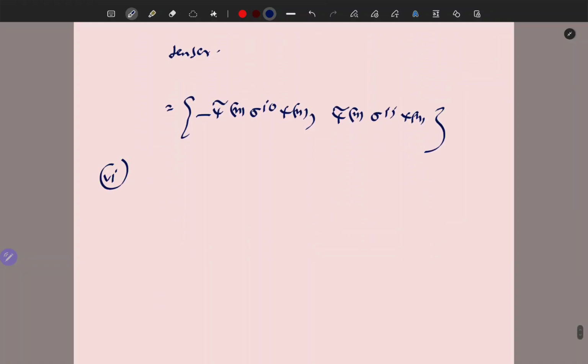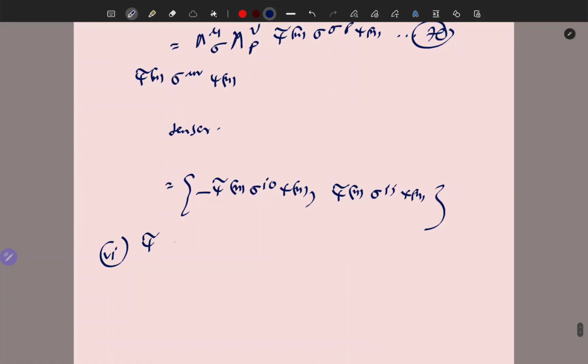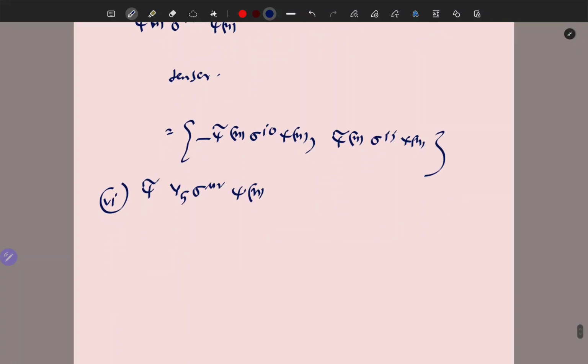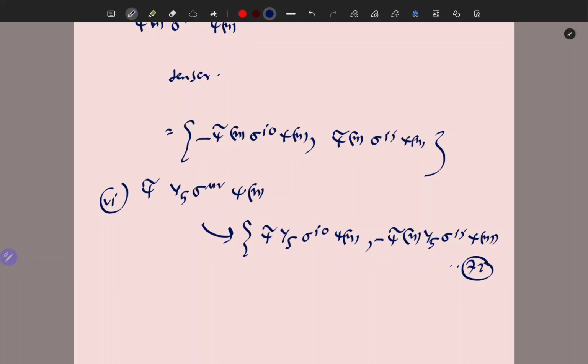Now property number 6, psi tilde gamma 5 sigma mu nu psi of x. Under Lorentz transformation, this is a pseudo tensor. You can check that sigma i0 gives minus psi tilde of x gamma 5 sigma ij psi of x. This is equation number 72. This is a pseudo tensor.